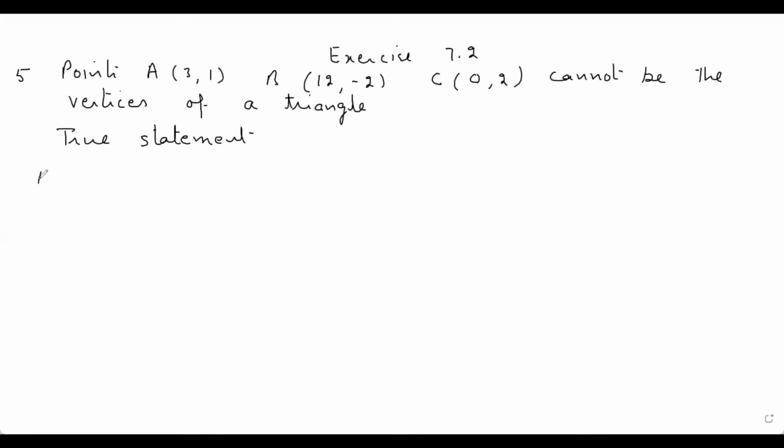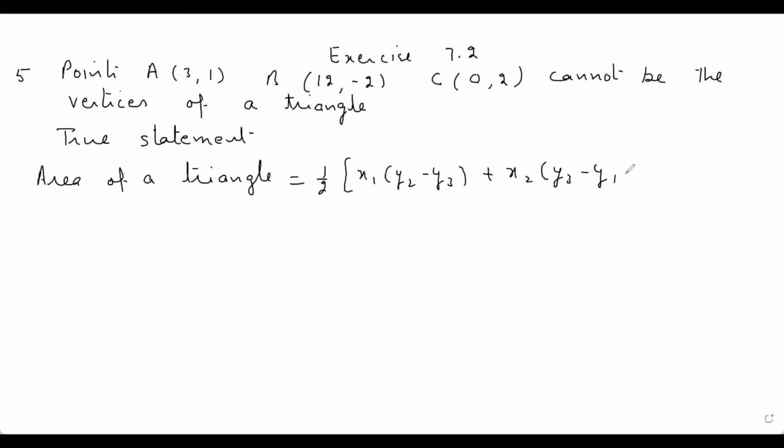So area of a triangle is equal to half x1(y2 minus y3) plus x2(y3 minus y1) plus x3(y1 minus y2). This is x1 y1, this is x2 y2, and this is x3 y3. Just substitute the values.